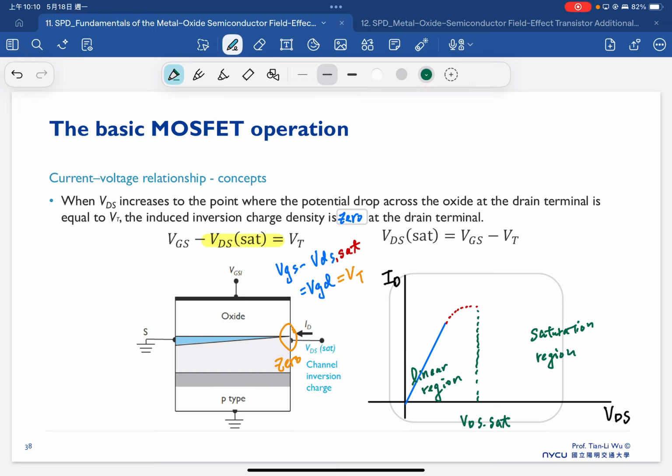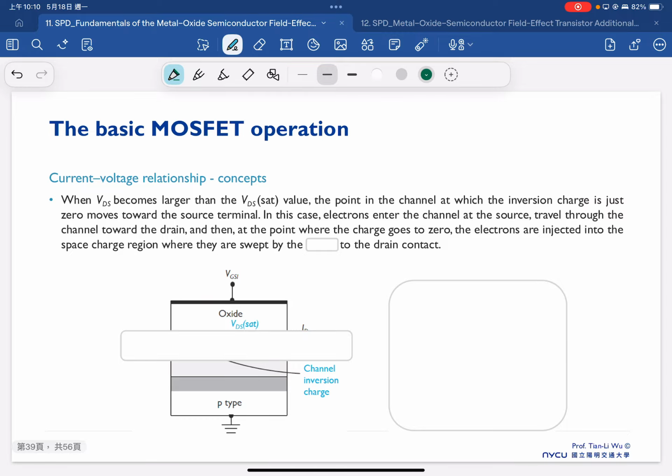So finally, we will still be very interested in what the current correlation is when VDS reaches the saturation region. Now again, that's very important, because we have to combine what we know from the MOSFET with the PN junctions here.